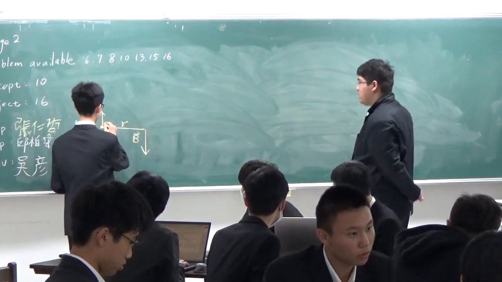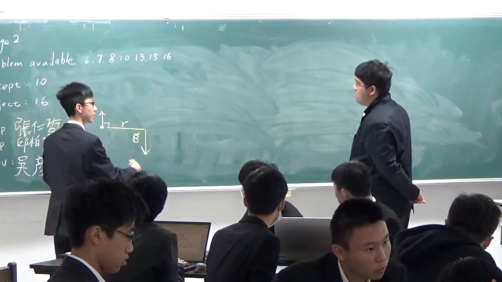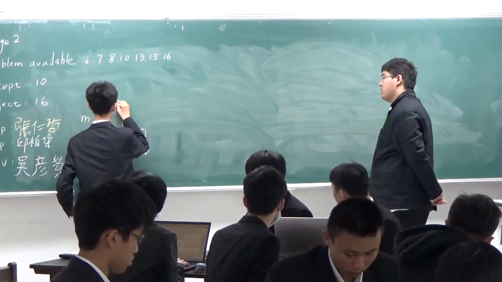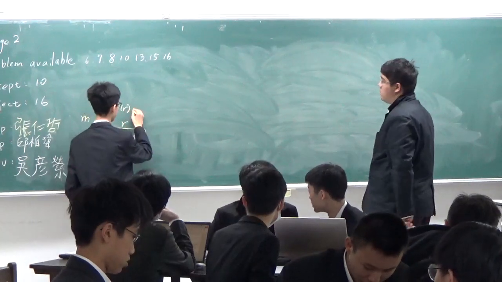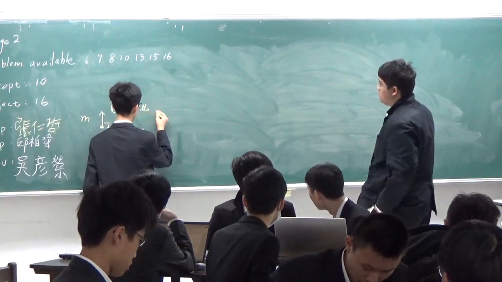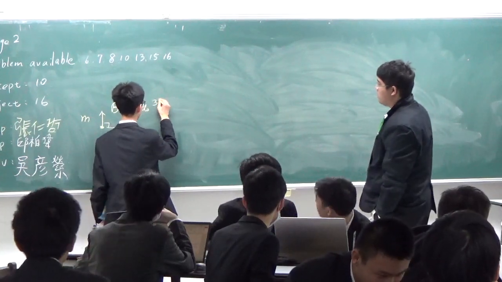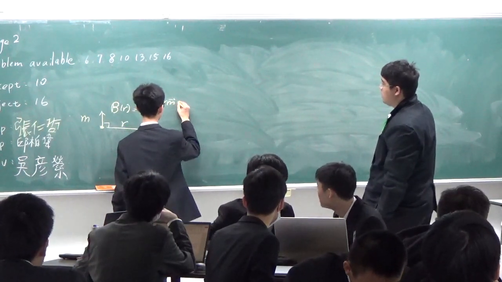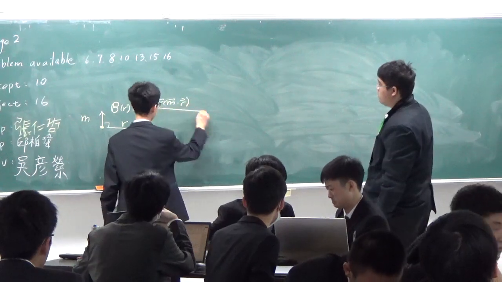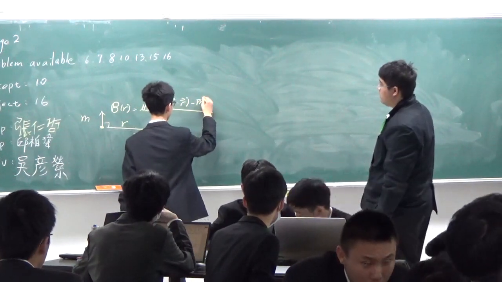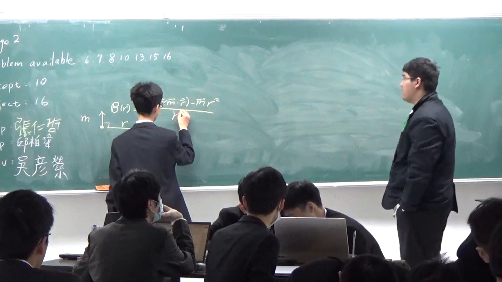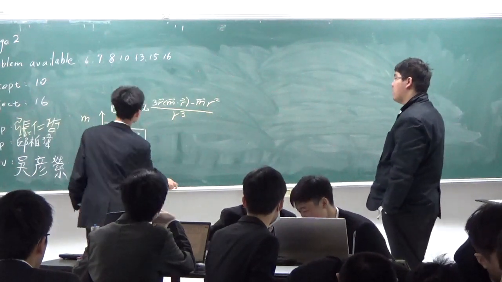This is R and this is perpendicular. So I know here's a function: mu naught, 3 R (M dot R) minus M R squared, over R cubed.